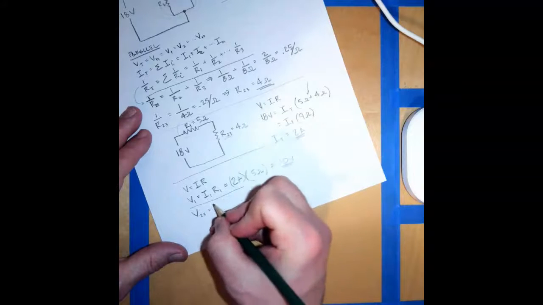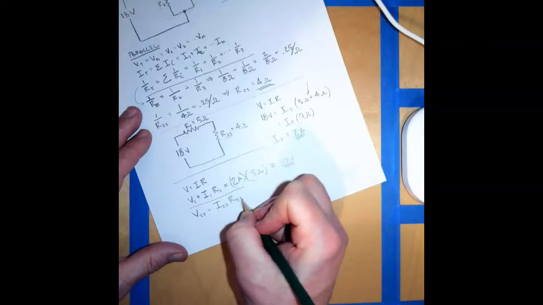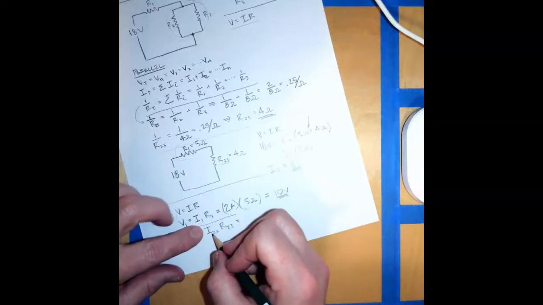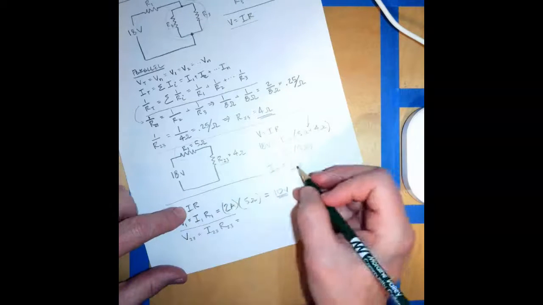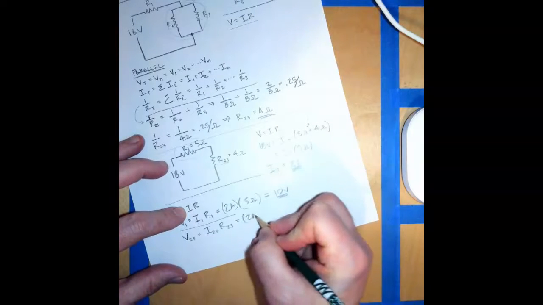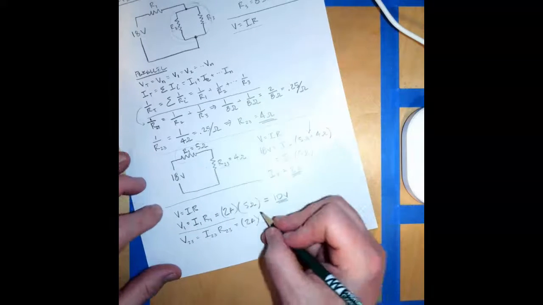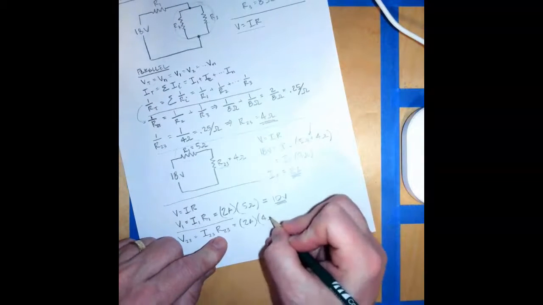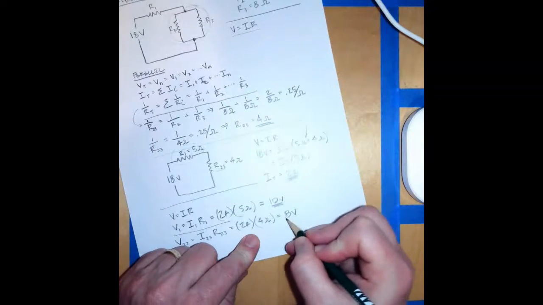So V23 is equal to I23 times R23. We know that I23 is the same as I1 is the same as I total, which is 2 amps. Remember, that's constant for a series circuit, and this is a series circuit now. And R23 is 4 ohms. So this is equal to 8 volts.